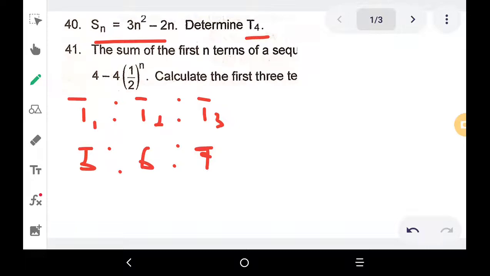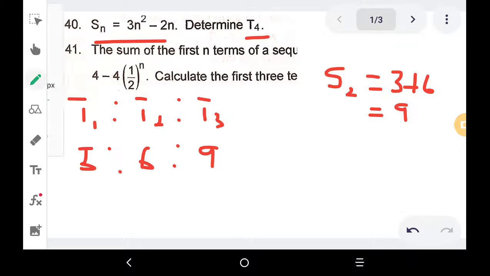Now, from previous experience, if I were to ask you to get the sum of the first two terms, how would you do that? If I say calculate the sum of the first two terms, I'm actually asking you to give me S2. S2 is going to be given by 3 plus 6, which is 9.